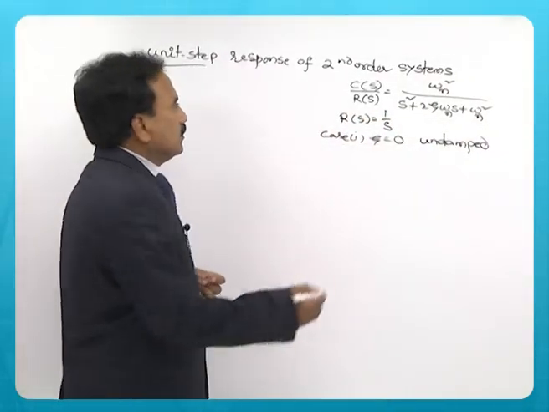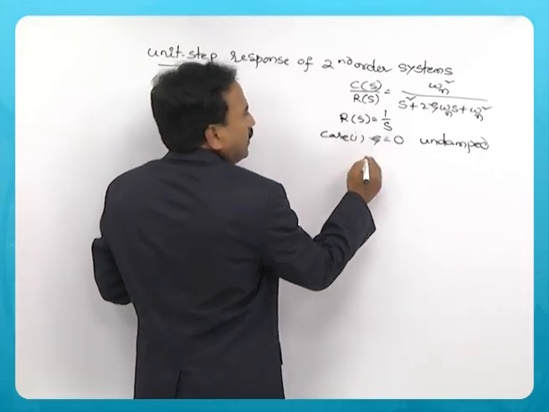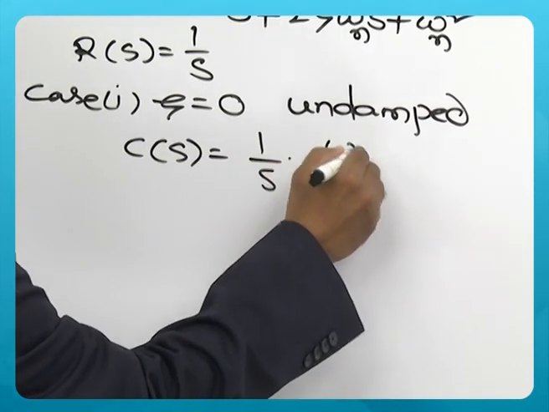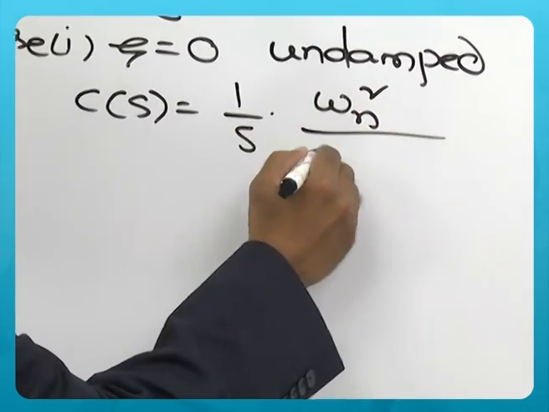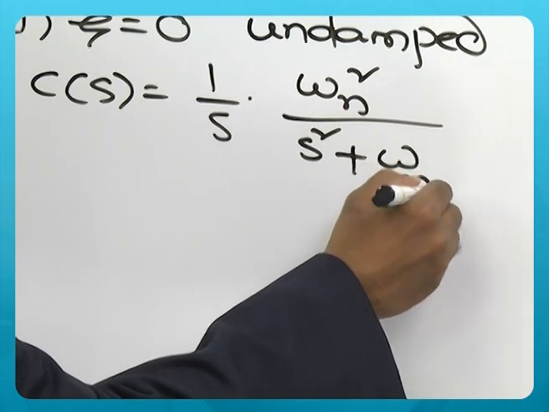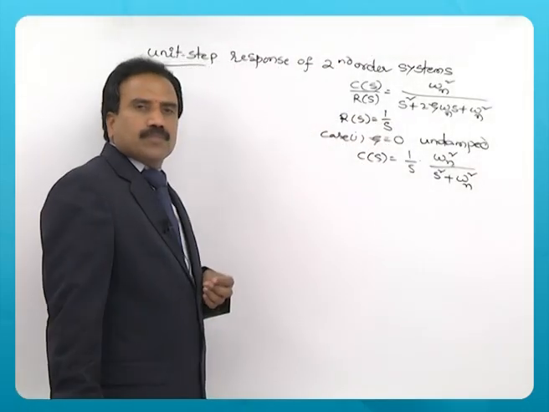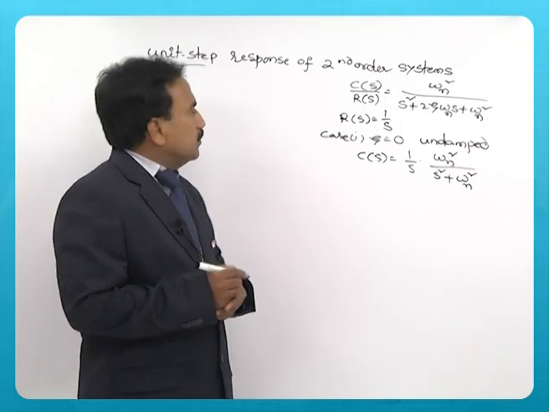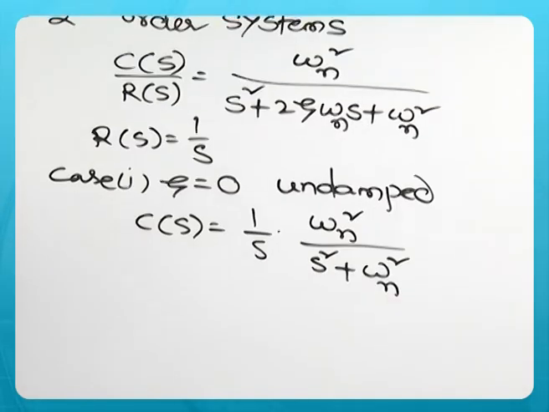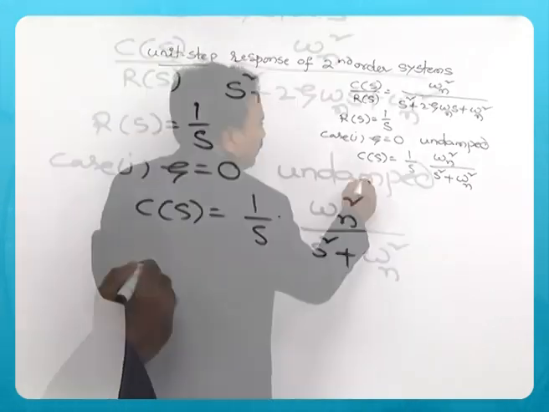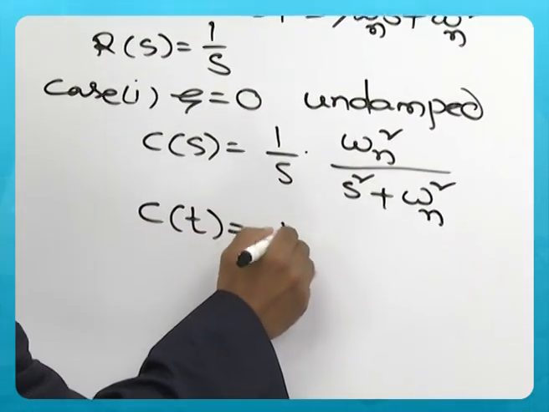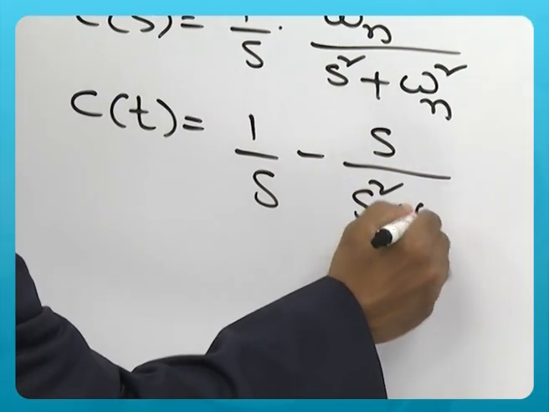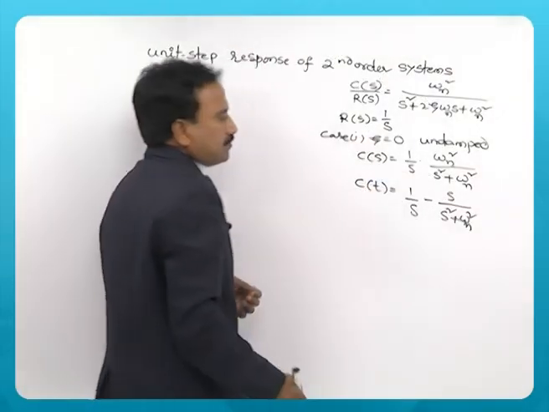System. So, with R of s equal to 1 by s, C of s becomes 1 by s into omega n square by s square plus omega n square. Taking partial fractions into consideration, we get 1 by s minus s by s square plus omega n square.